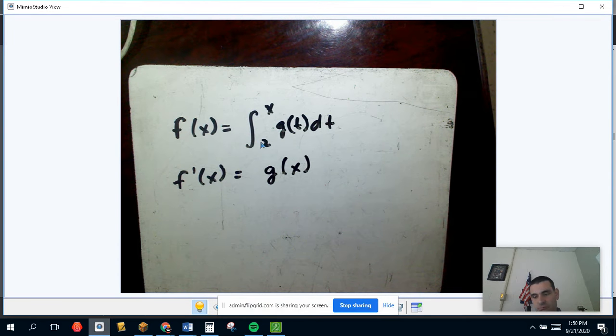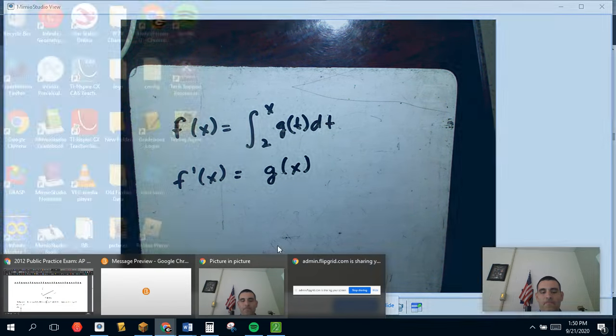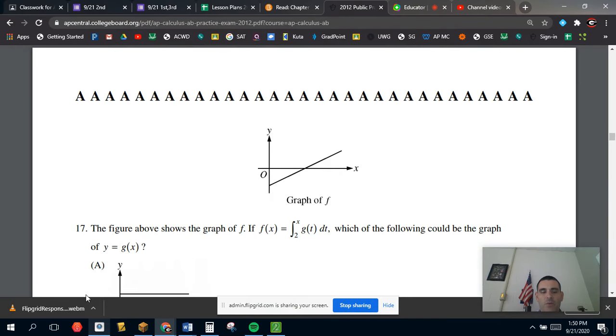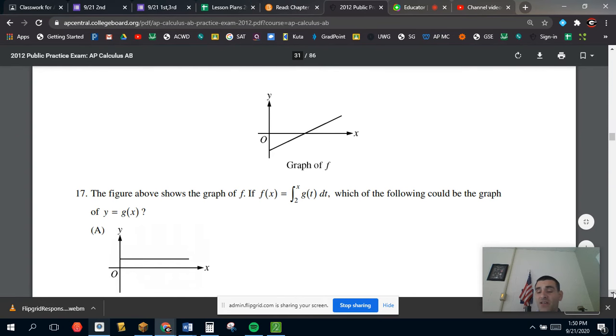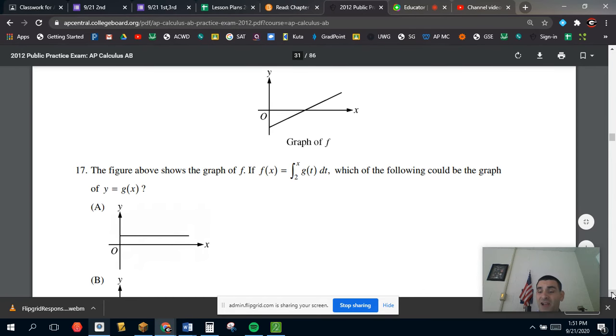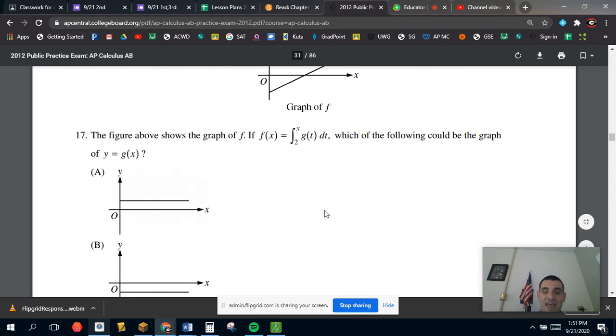That 2 is not really significant. The derivative of a linear function is constant, right? We have some positive number right here. We don't have any hash marks, but we know it's positive. So we expect our slope to be some constant positive number, which is A.